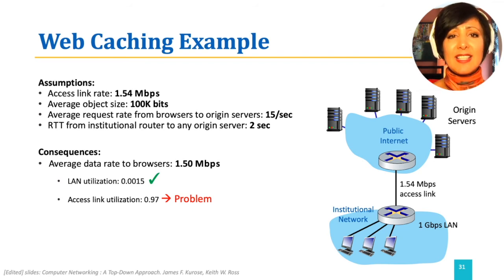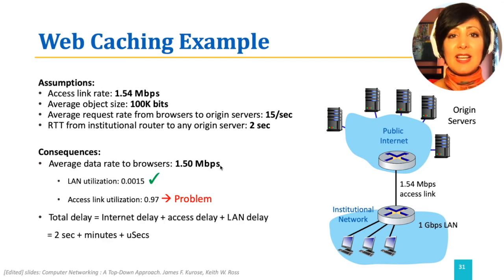However, the access link utilization, which has to serve the data rate of 1.5 megabit per second with 1.54 megabit per second capacity, will be close to full capacity. And remember from performance discussions that this means long delays on the access link.